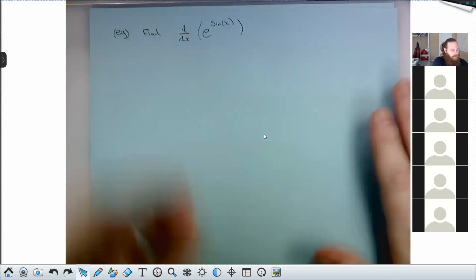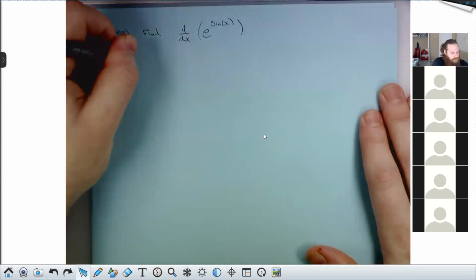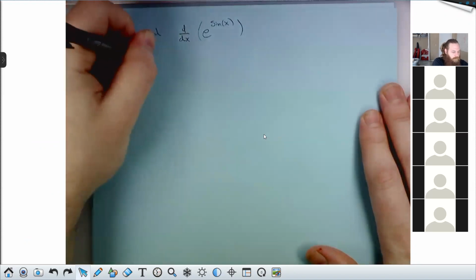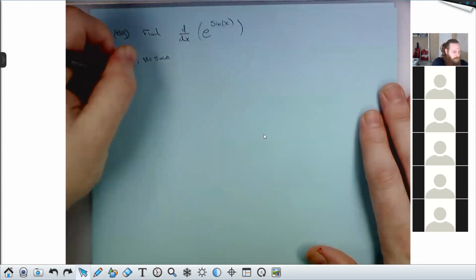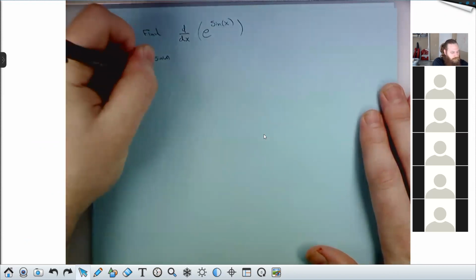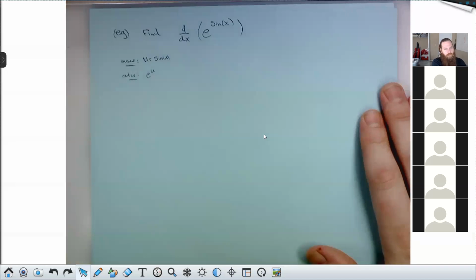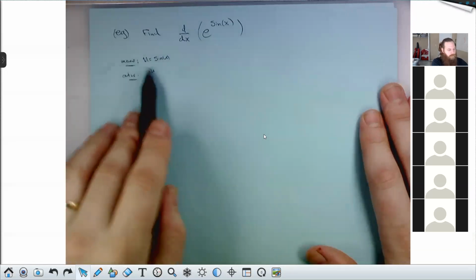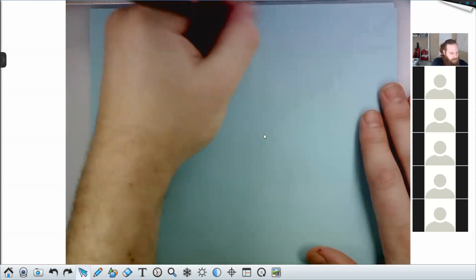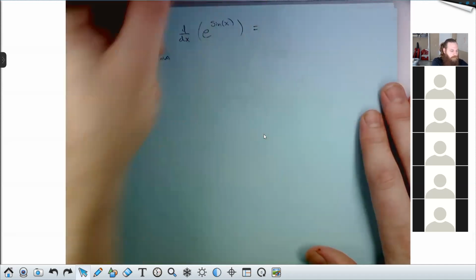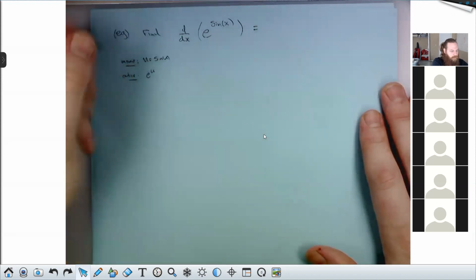So again, I have an inner. My inner is sine x. My outer is e to the u. If u is the inner sine x, then the outer is just e to some stuff. So the way I differentiate this is by differentiating the outer, leaving the inner alone.